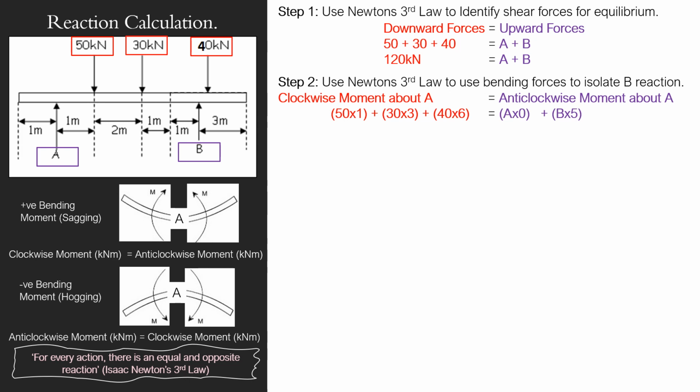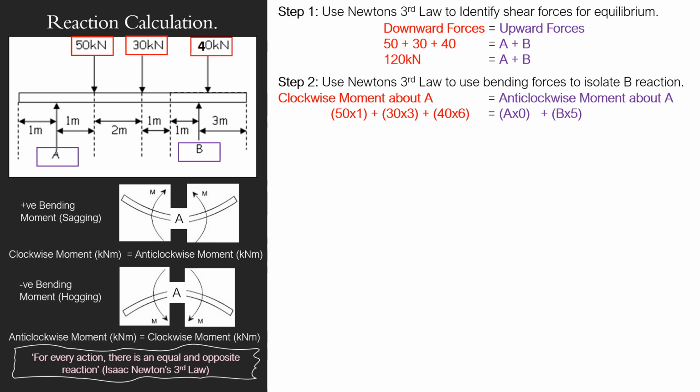But you've got to remember the idea of moment is the further away you get from the point, right? So if you are at A, if you've got a force on top of A or underneath A pushing up or down, it's not causing it to bend. So it's cancelled out.